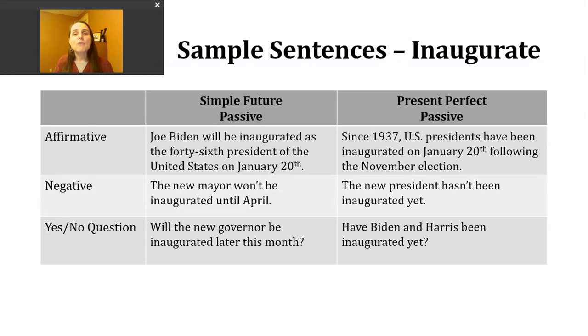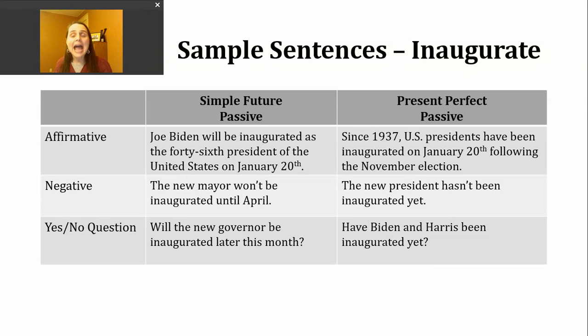Okay. For our second verb tense today, we're going to look at the present perfect. And again, in the passive voice. To make passive voice present perfect, we're going to use have or has, depending on our subject. Then we'll use been, B-E-E-N, and then the participle form of the verb.